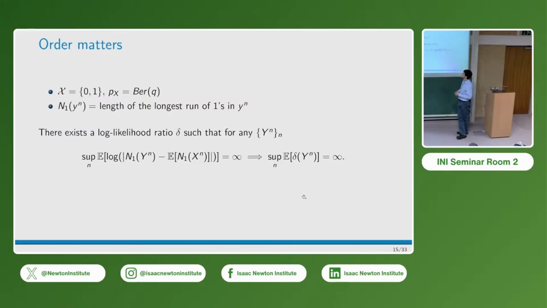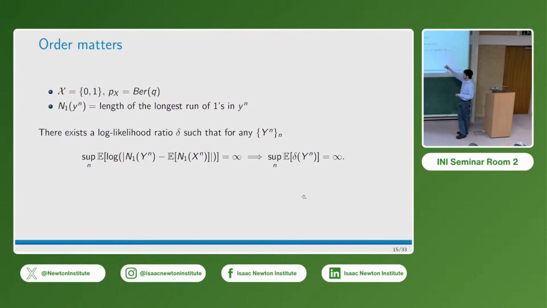I will take symbols that are zeros and ones in my sequence yn, and n1 of yn will be the length of the longest run of consecutive ones in yn. You want to test whether yn is realistic by looking at the longest run of ones and seeing if it's too long or too short.